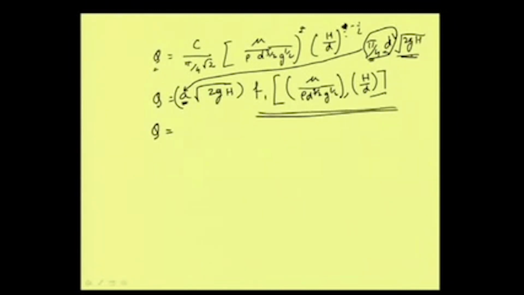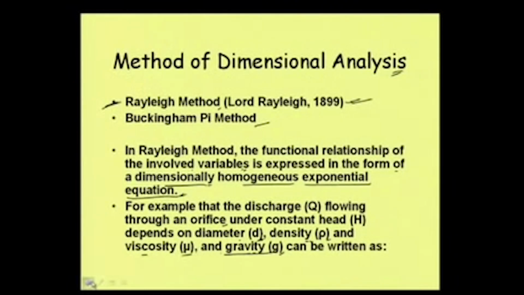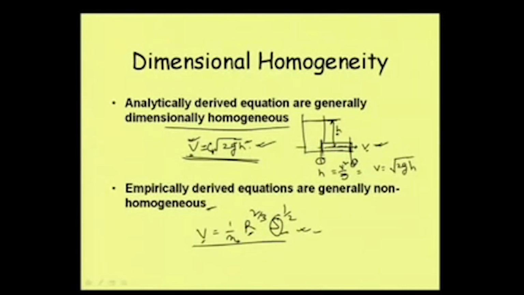Now, this function we can write in terms of a coefficient, say C D, and then we have C D A root over twice GH. Fine. So the equation we could write earlier, here we were writing V is equal to C V root over twice GH, and if we multiply it by A, then Q, suppose I am writing it with the coefficient of discharge, Q is equal to C D A root over twice GH.